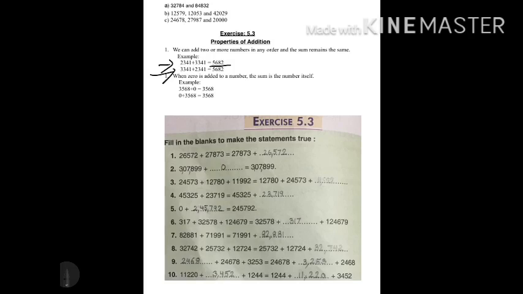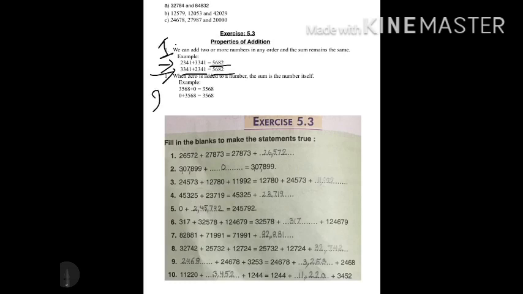Now if I change the order of the addends, putting first 3341 and then 2341, the answer will remain the same. So this is the first property of addition.